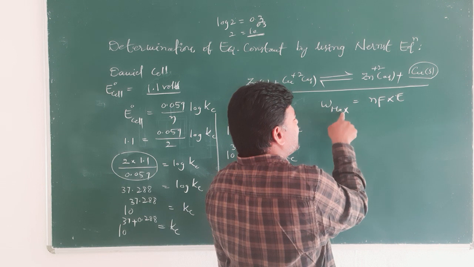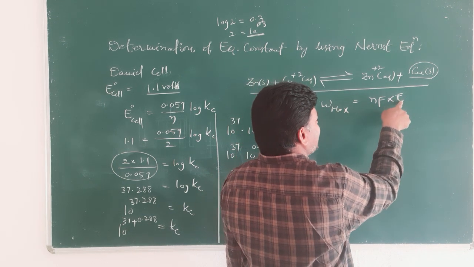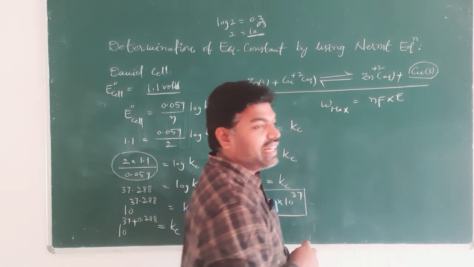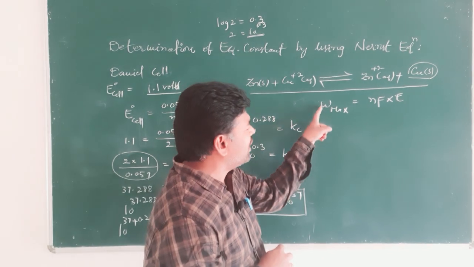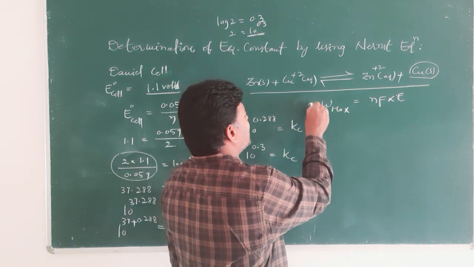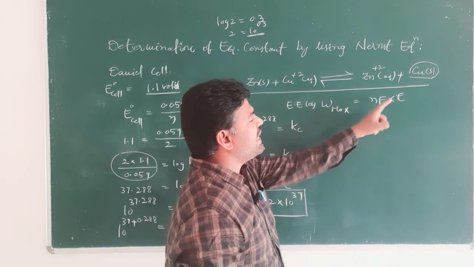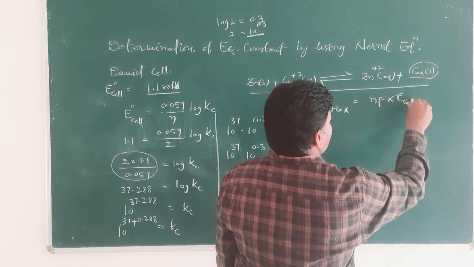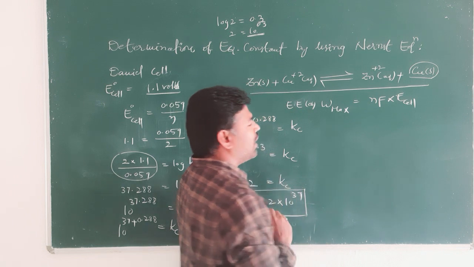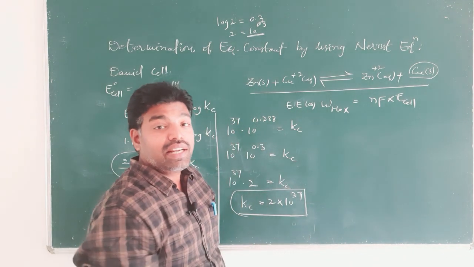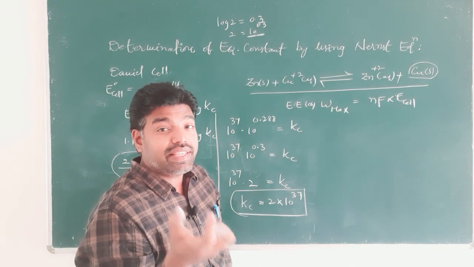So, maximum work, or electrical energy of the cell, is equal to nF E cell, and maximum work or electric energy is equal to the decrease in free energy.